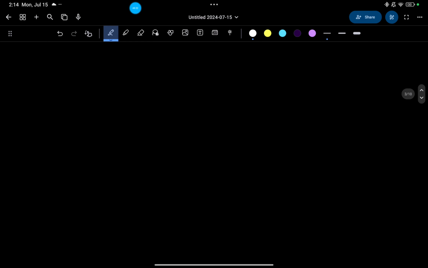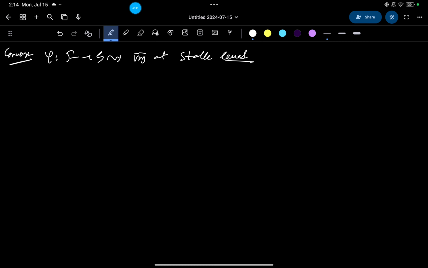Now what about the converse? Suppose phi from F to G is injective at the stalk level. That means phi p from Fp to Gp is injective for every p. So the kernel of phi p is 0 for every p.